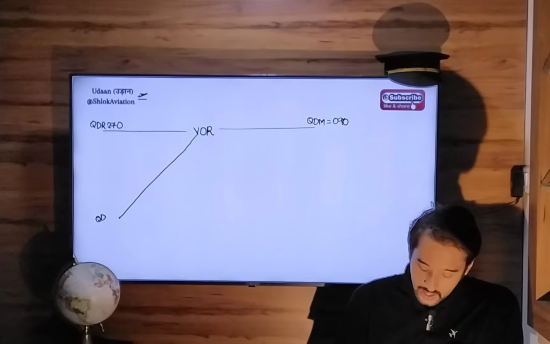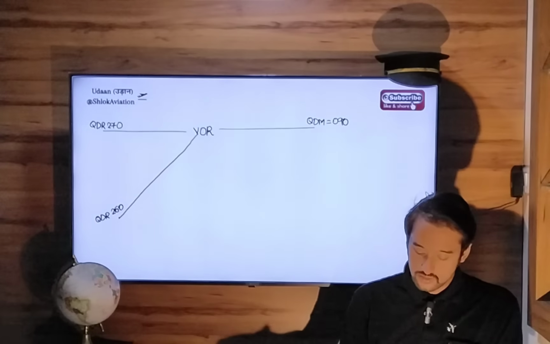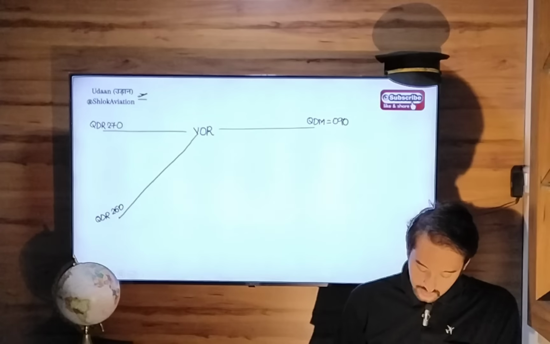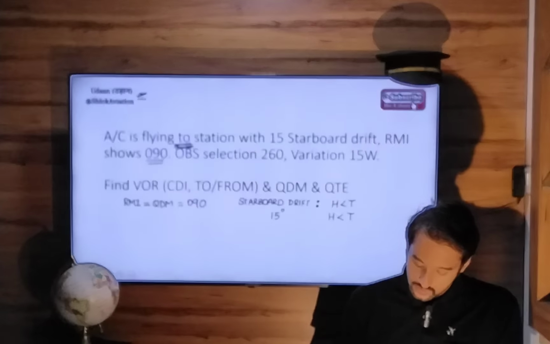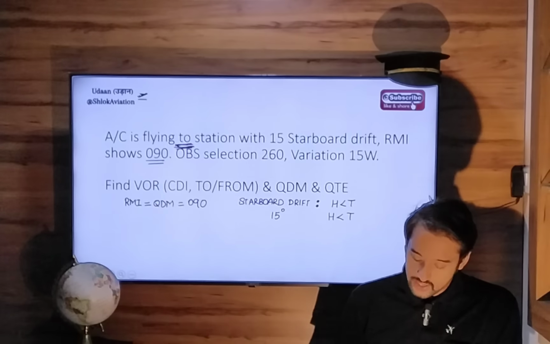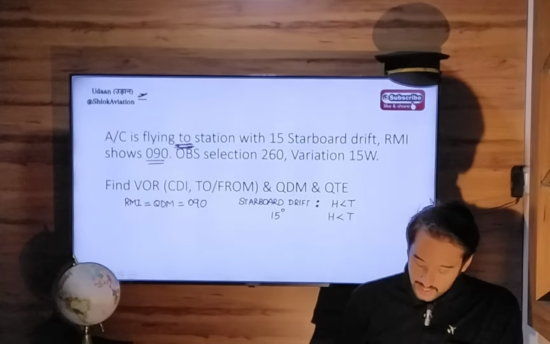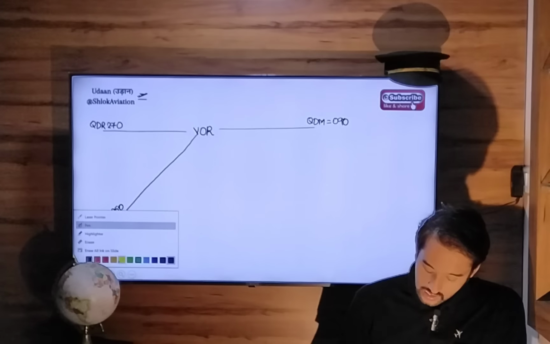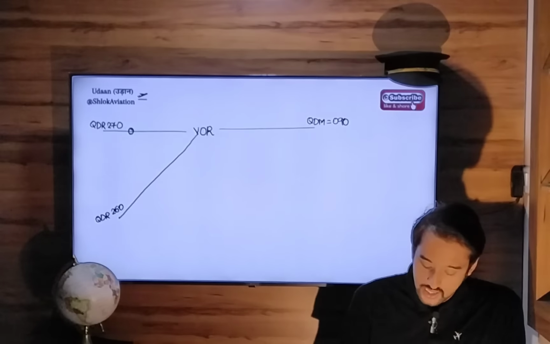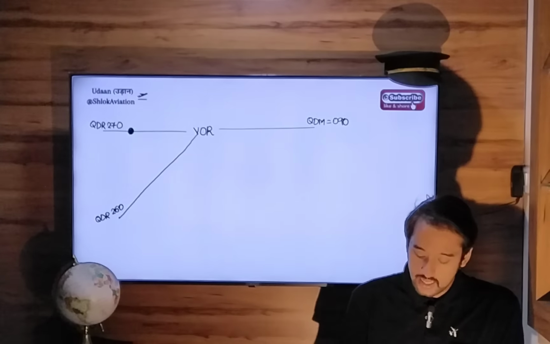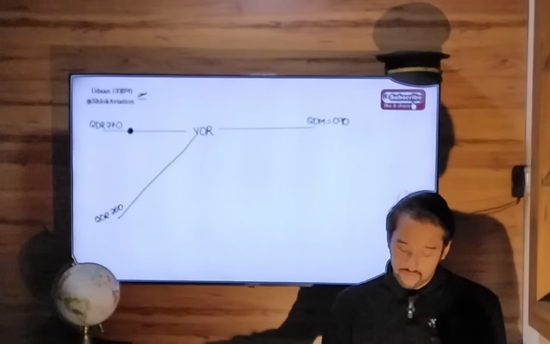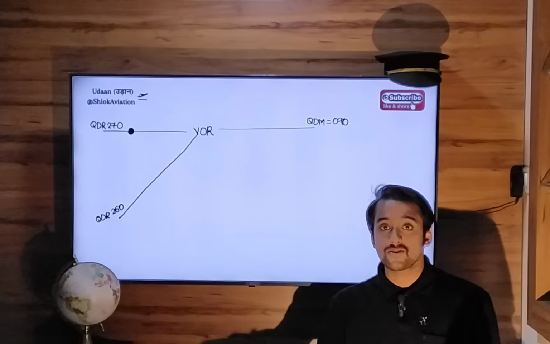Another QDR or another radial, 260. Okay, so currently the aircraft is on radial 270. Currently the aircraft is on radial 270, and that's why we have RMI indication of 090.